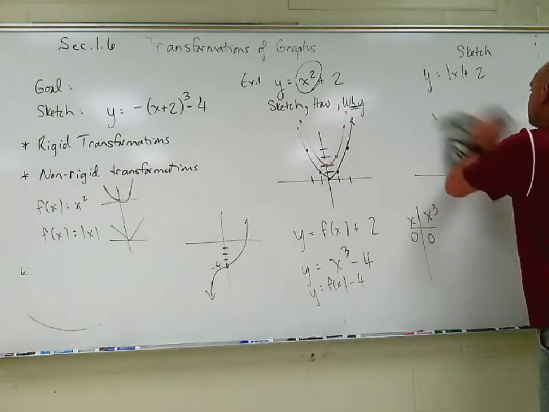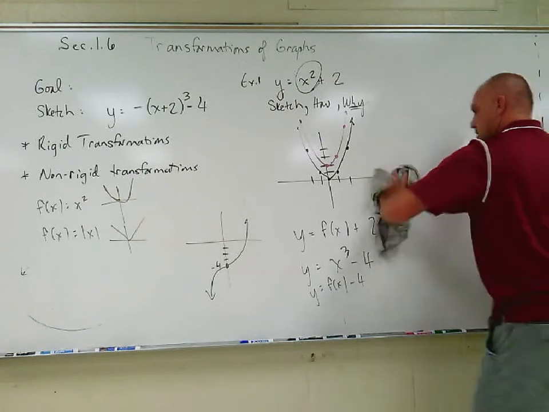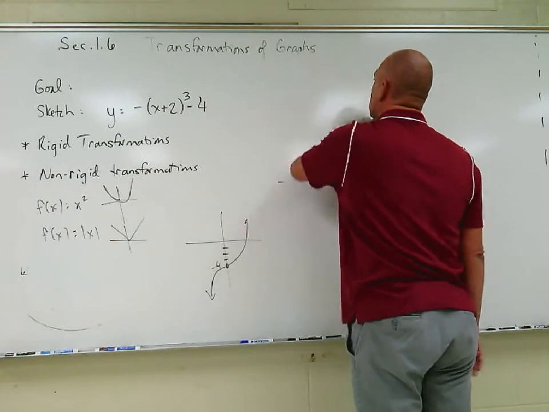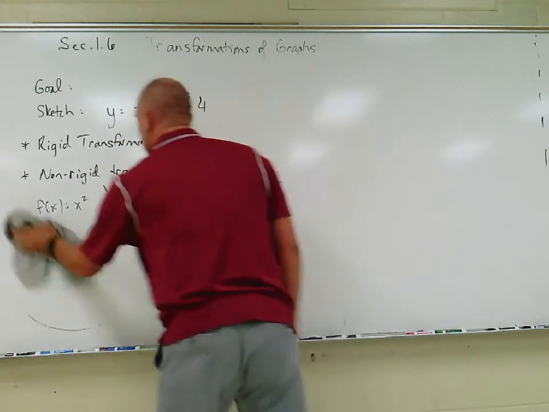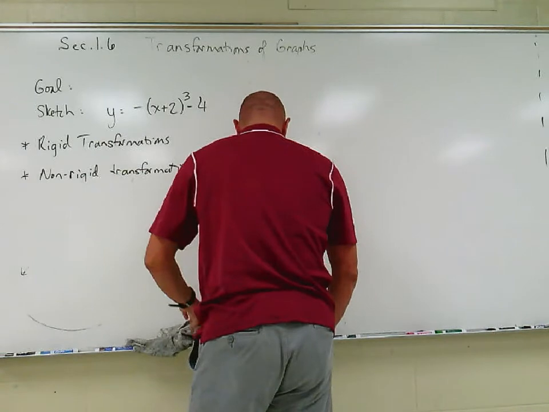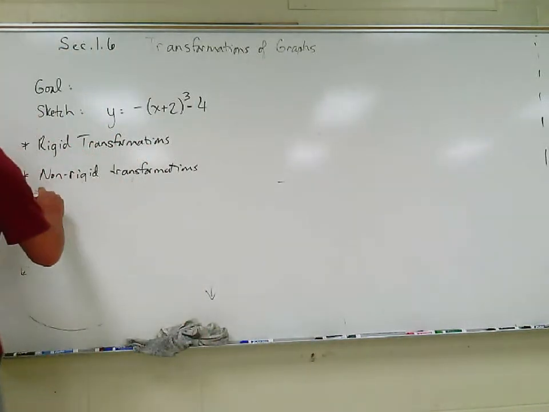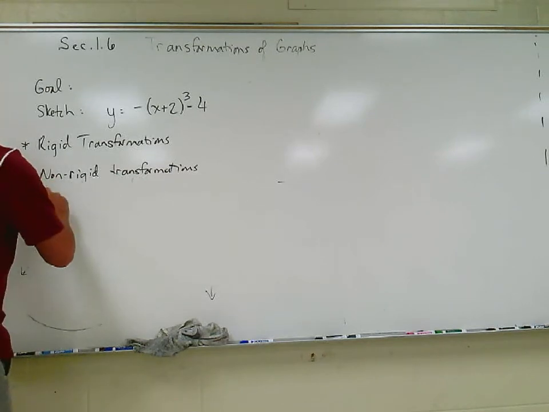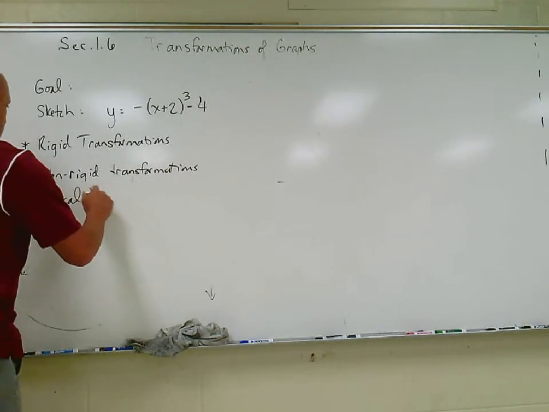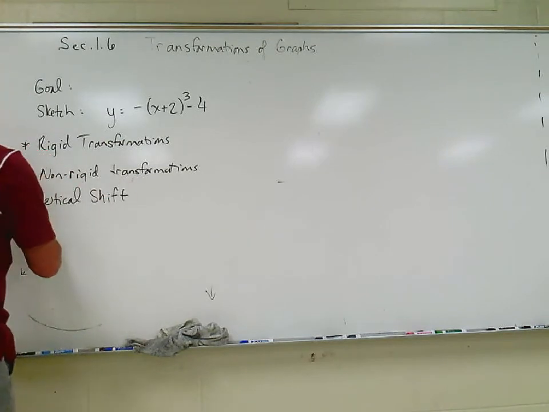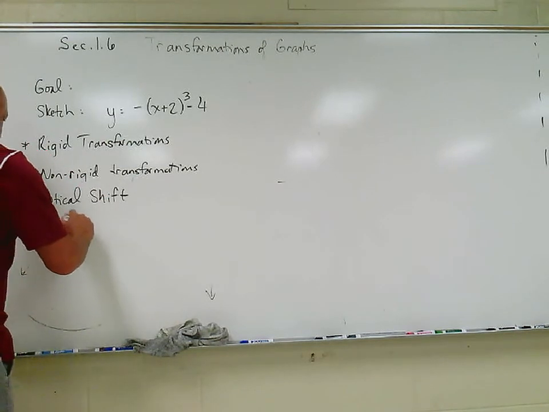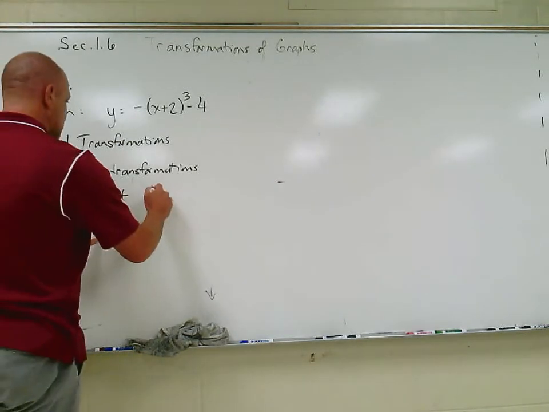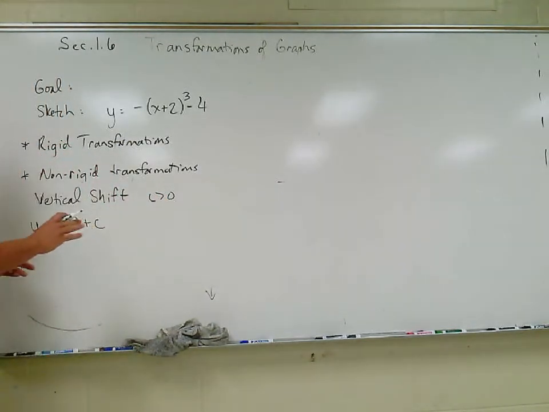So now, let's just assume our constants are greater than 0. How do we know we have a vertical shift? So vertical shift: if we have y equals f of x plus c, the c is on the outside, and let me just assume that c is greater than 0 for now.